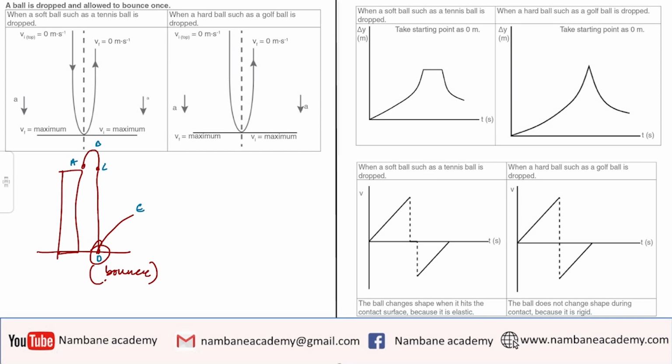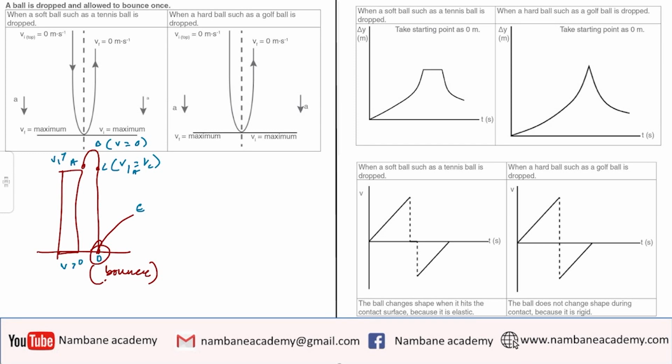Very easy. Our notes told us that at A, V initial is greater than 0. At B, V is equal to 0. At C, Vi is equal to V at A. At D, V is greater than 0.